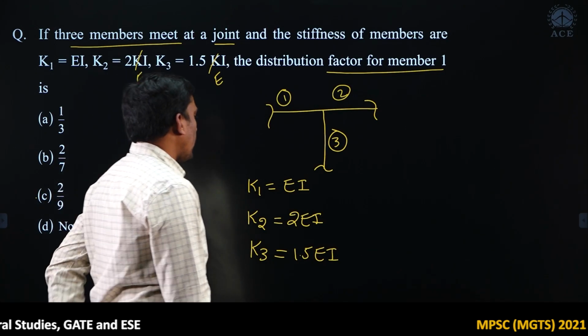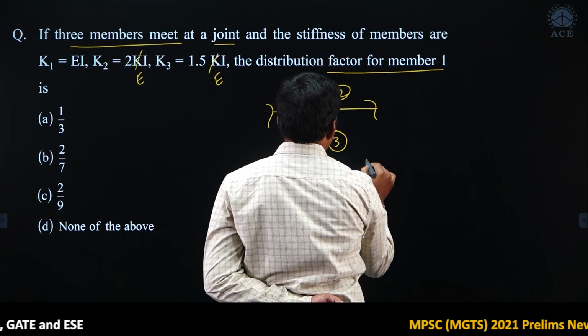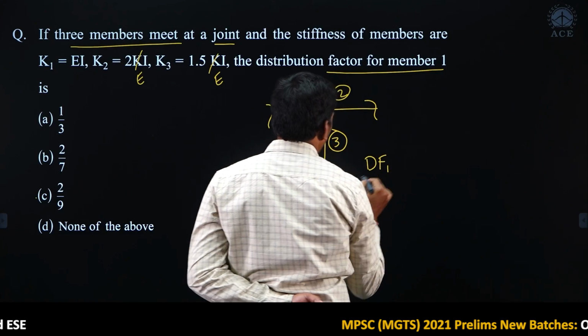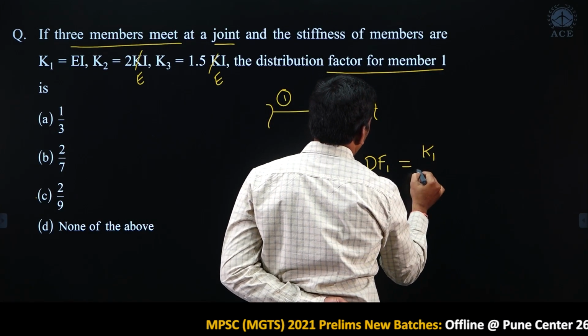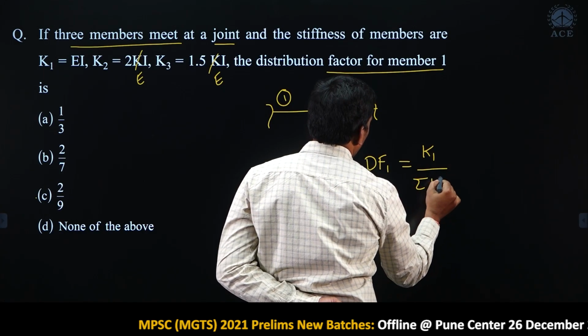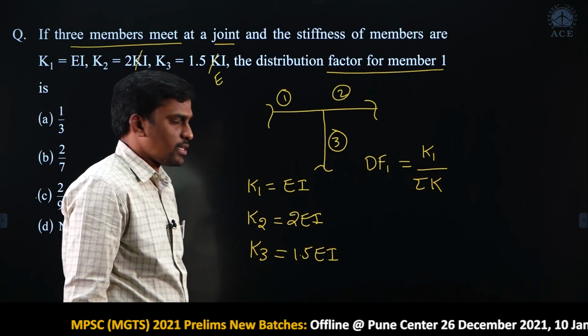The distribution factor for member 1 equals the stiffness of member 1 divided by the total stiffness, yes or no.